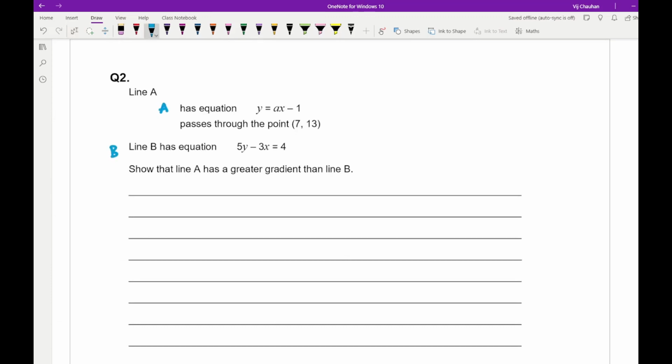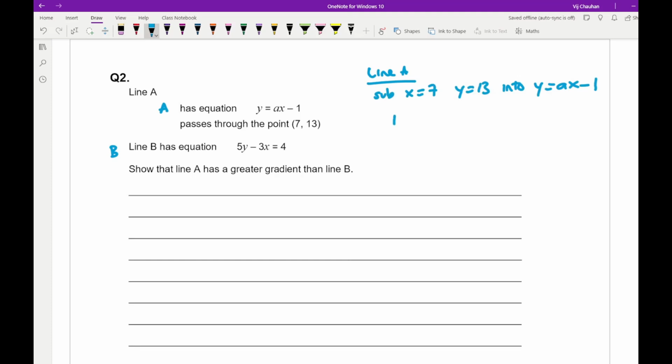To find the gradient, for line A I need to substitute this coordinate into y equals ax minus 1 to find out what my a value is going to be. So we're going to sub x equals 7, y equals 13 into y equals ax minus 1.